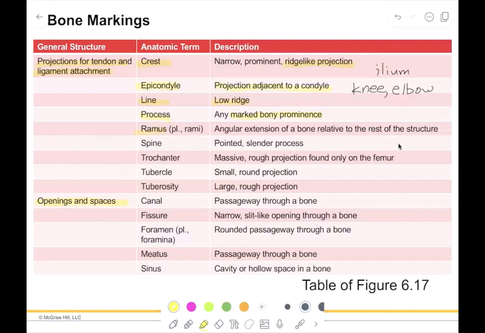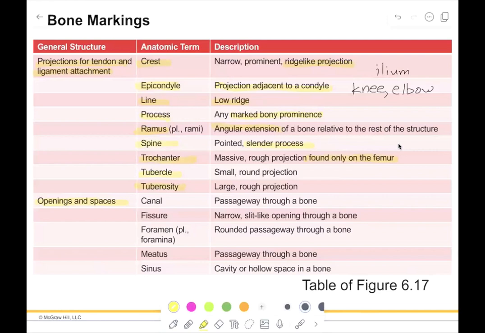A ramus is an angular extension of a bone. A spine is a pointed, slender process. There's a trochanter, a tubercle, and a tuberosity, all of which have slightly different definitions. The big trochanter would be found only on the femur, and it's called the greater trochanter and the lesser trochanter.